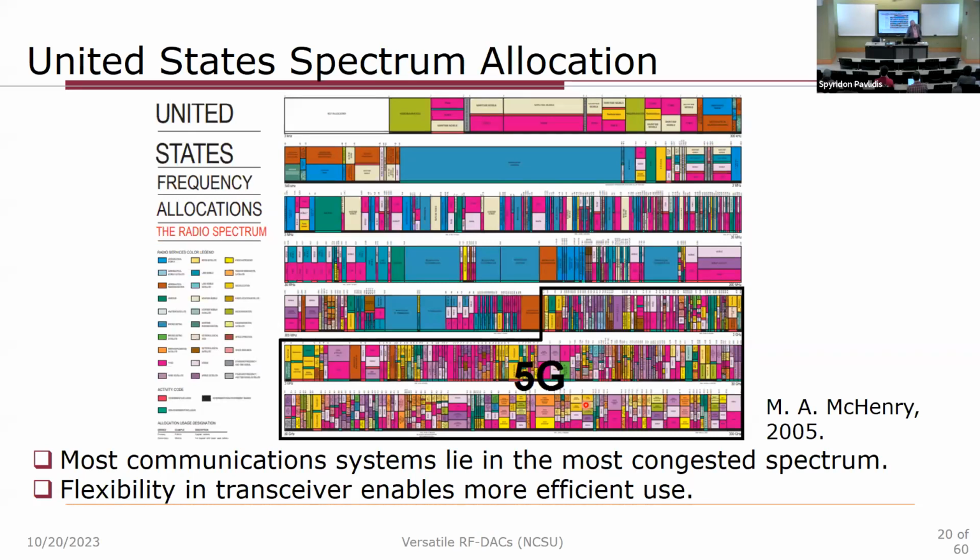Now, if we look at each of these horizontal lines, this is more or less a decade of frequency. And when we subdivide these things, it's different applications that have to exist in that span of frequency. And you can see a lot of different services in this 5G spectrum that are being used, and they all have to coexist together, and that's very challenging.